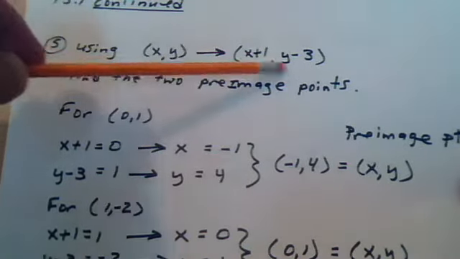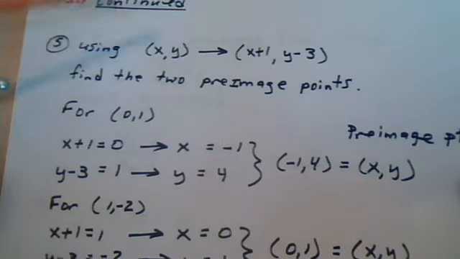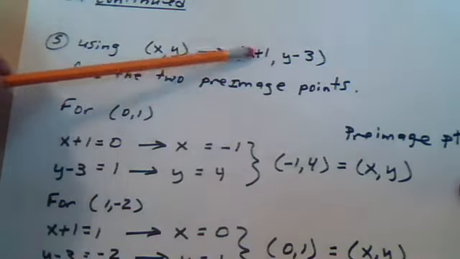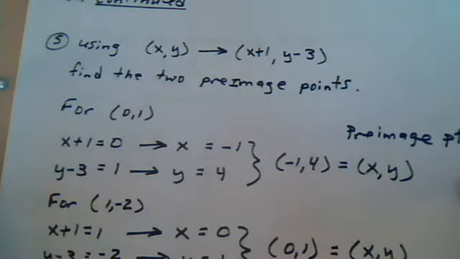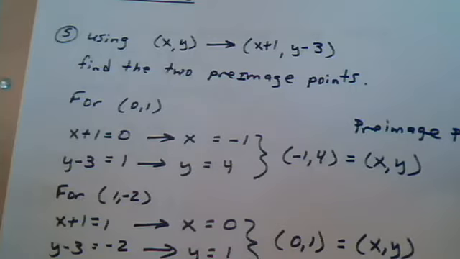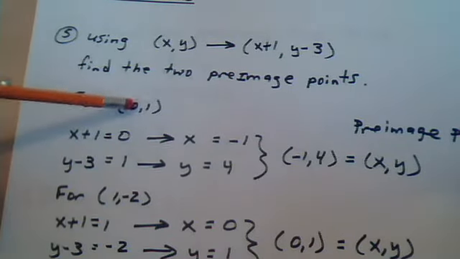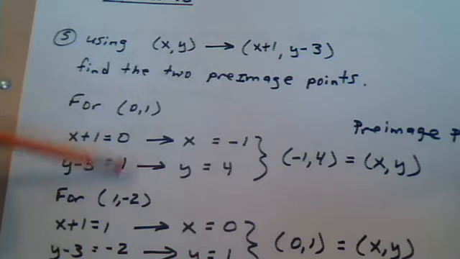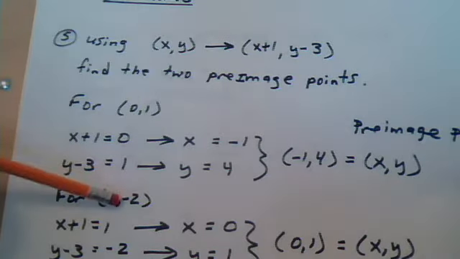And you do that by using this rule. Since we were working with the image line, we're working with this side. So x plus 1 equals 0, using the first point we found on the image line.